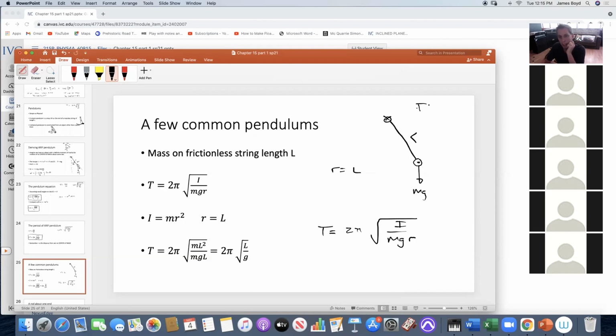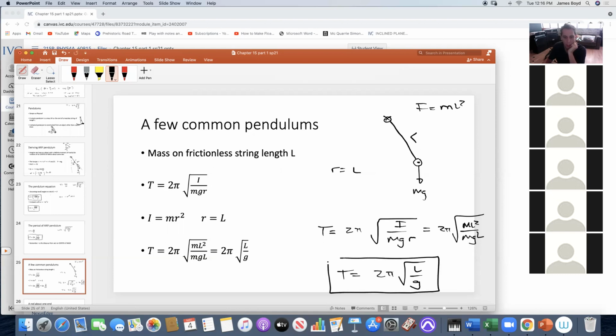I for a point mass is just m r squared, but in this case our r is L, so it's m L squared. So we get 2 pi square root of m L squared over mg, little r is again L, canceling one L, canceling the m's, and you get that the period is 2 pi square root of L over g.